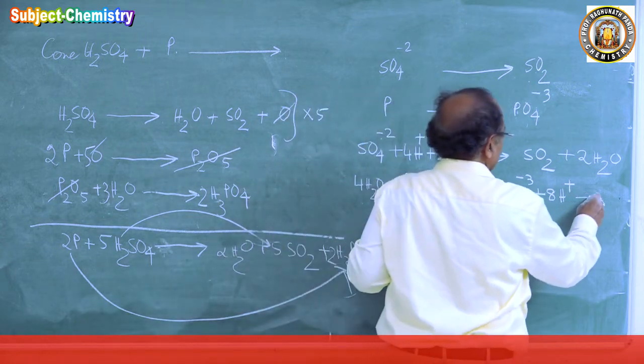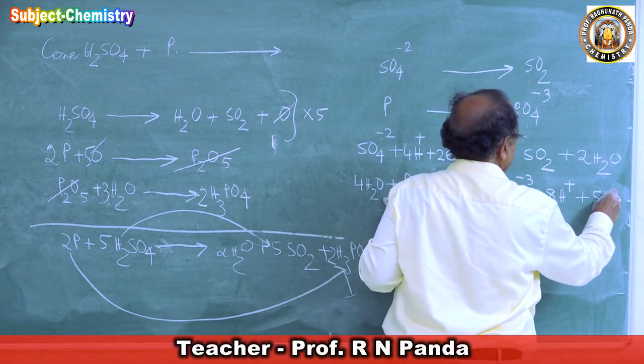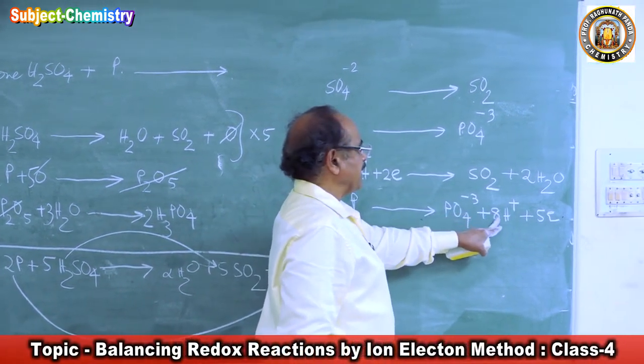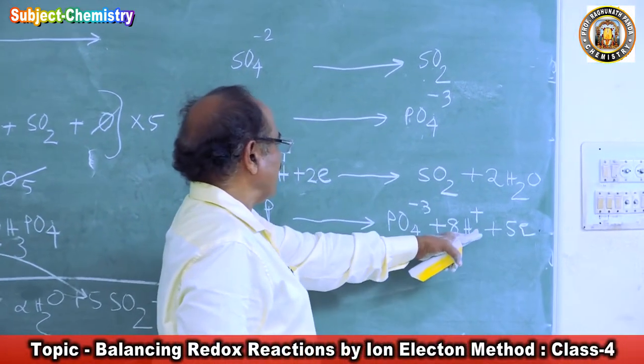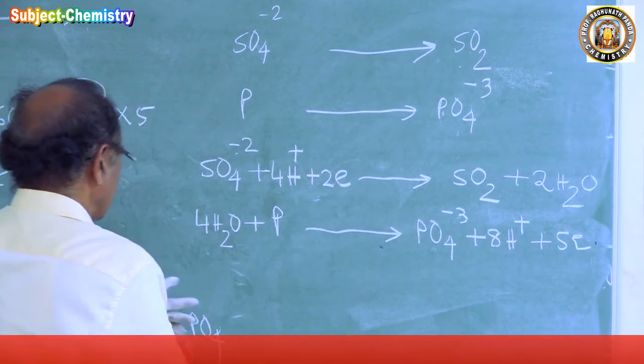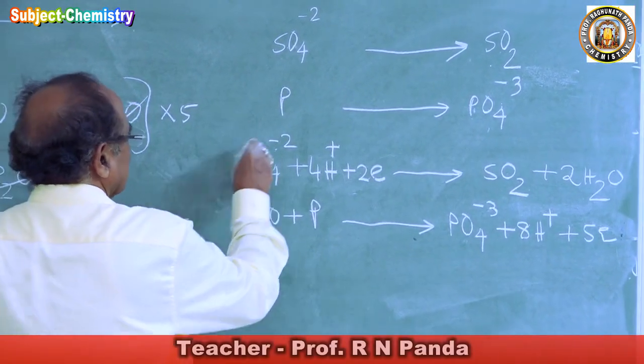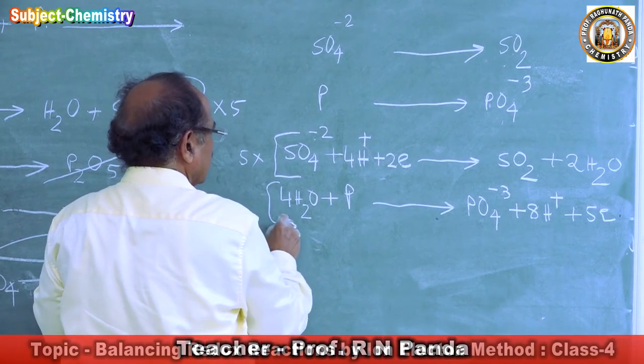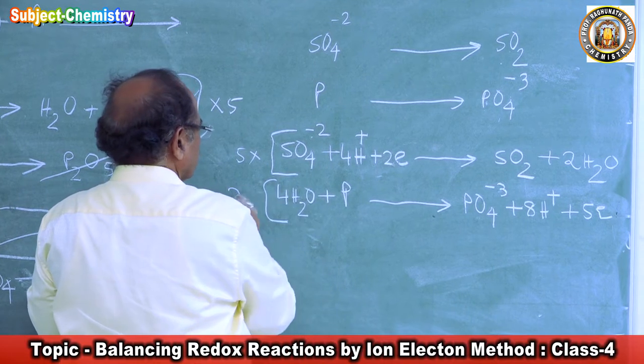So we'll add 5 electrons this side. PO4 minus 3 and 8H plus, so extra 5. So 5 electrons there, 2 electrons are here. So we will now multiply this equation by 5 and this equation by 2 and add.